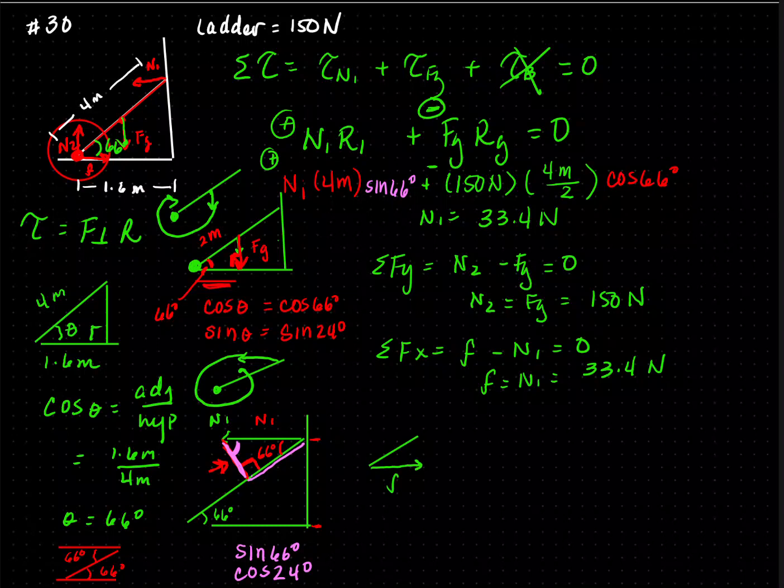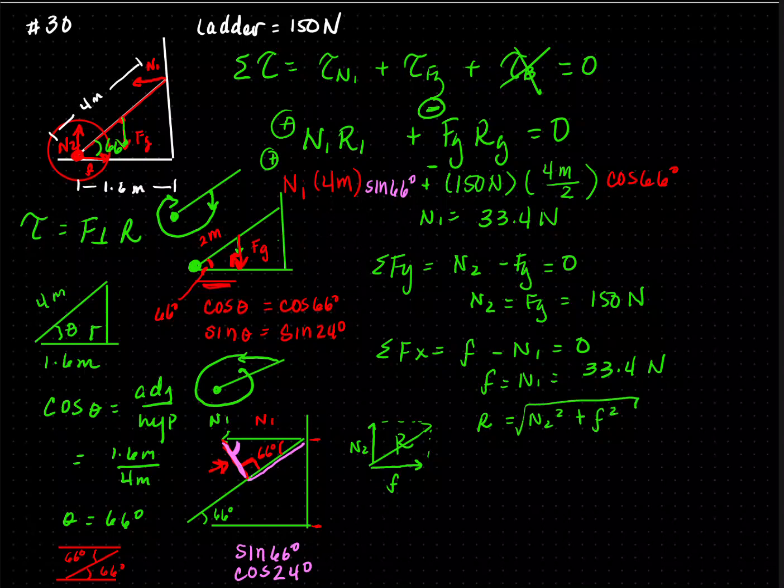So now at the ladder, which is at an angle here, we have a vector that is going to the right, which is my friction. We have a vector that's going up, that is my N2, or the normal from the ground. So my resultant vector is going to be the Pythagorean theorem of that. My resultant is going to be the square root of N2 squared plus F squared.